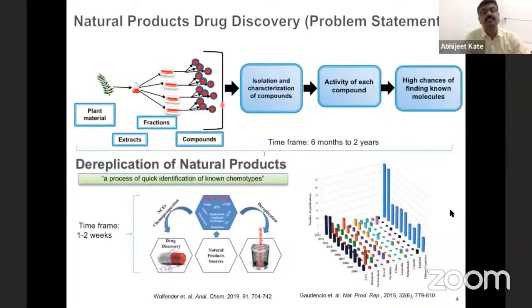So, while these things were going on in industry and academia, parallelly there was an improvement in analytical tools and analytical understanding. Hyphenation techniques evolved. Hyphenated technique means you are combining HPLC with a mass spectrometer, that is called LCMS. You are combining LC with NMR, that is called LCNMR.